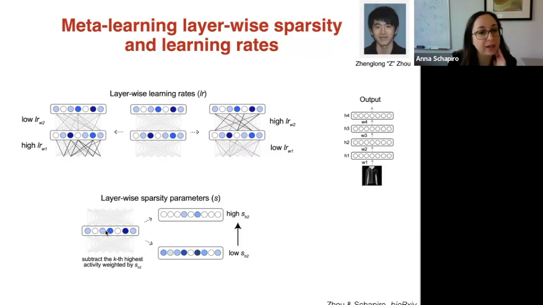So each layer has some number of units that are naturally active. We're going to use a winner-take-all approach to allow the set point on the number of units that could be active to vary. So the model could choose to have few units active or many units active in that particular layer.